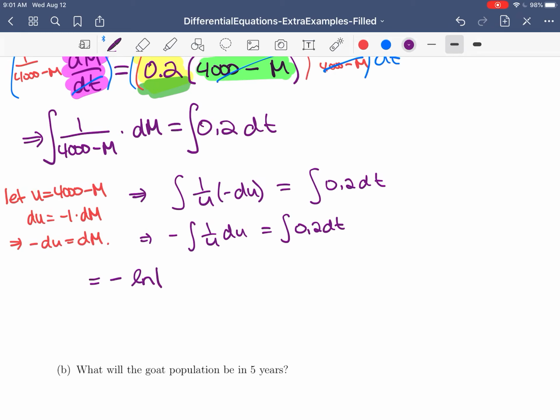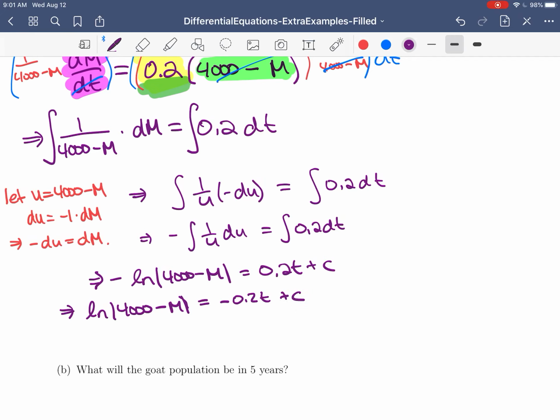I'm just going to put the u back in right away: negative ln of 4,000 minus m equals 0.2 t plus c. Now you want to move the negative over right away. So ln of 4,000 minus m is equal to negative 0.2 t, and then the plus c doesn't matter. You can write negative c if you want.